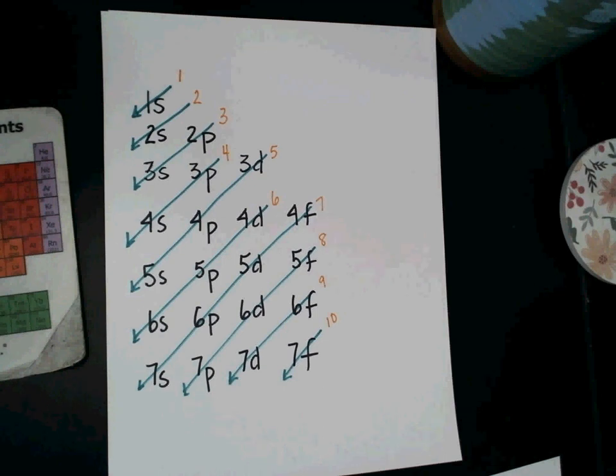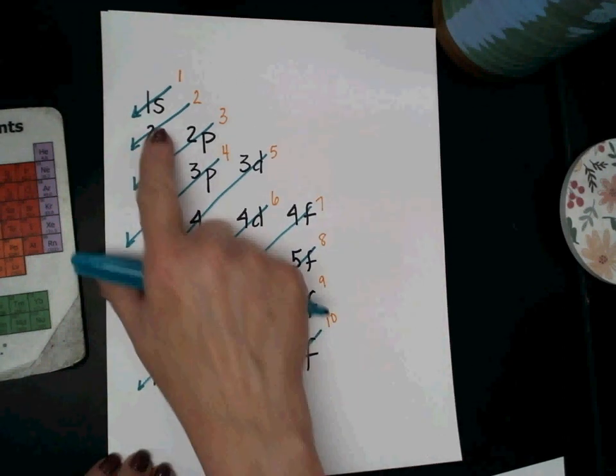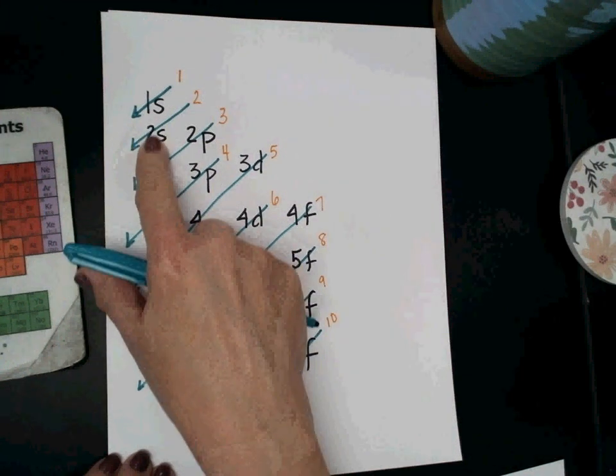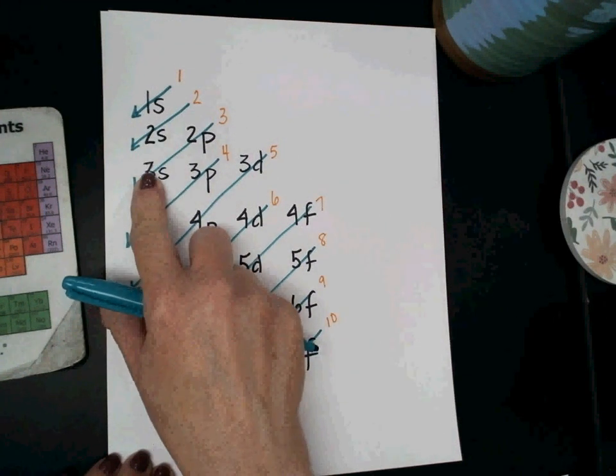Okay, so when I look at this, oh, wait a minute, not everybody's done. All right, when I look at this, the number out front, like the 1, the 2, the 3, and so on, tells me the energy level.